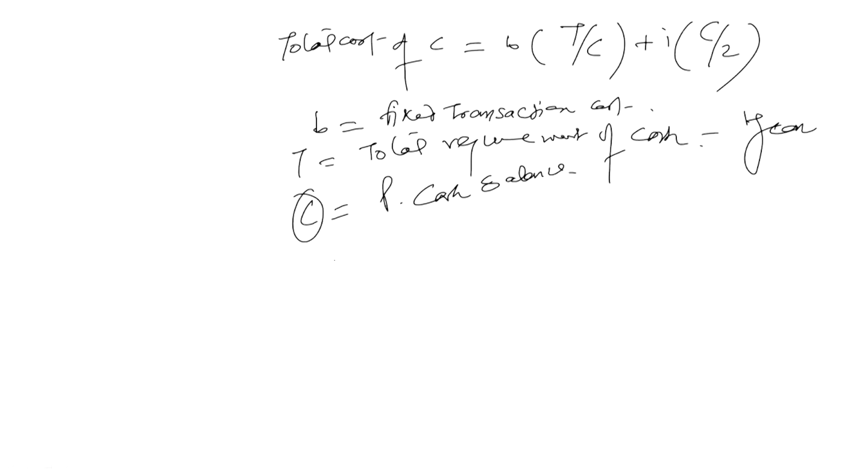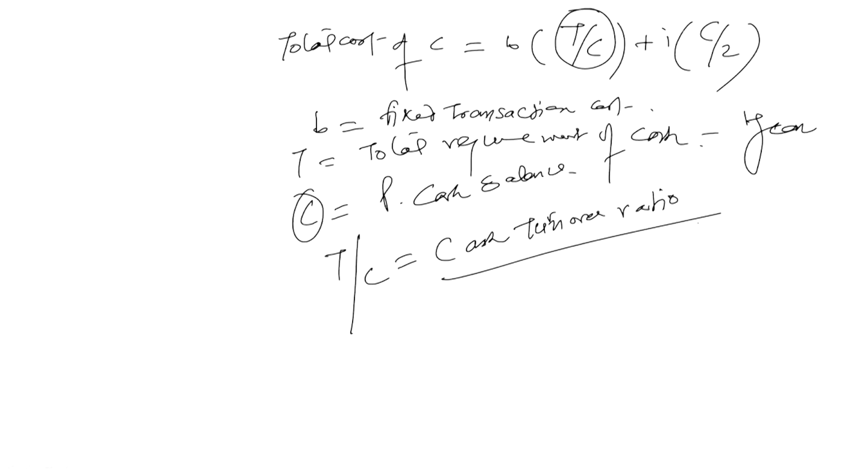So when you calculate the total requirement of cash in a year divided by the periodical cash balance, this is T by C, or you can say the cash turnover ratio. Over a period of time, maybe a year, it is how many times you have to convert cash into securities and securities into cash.